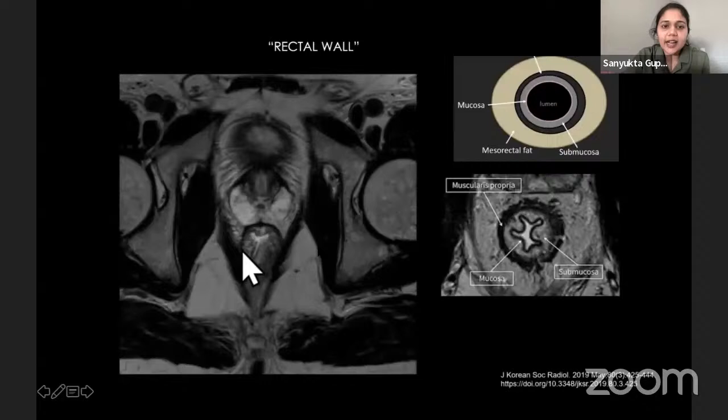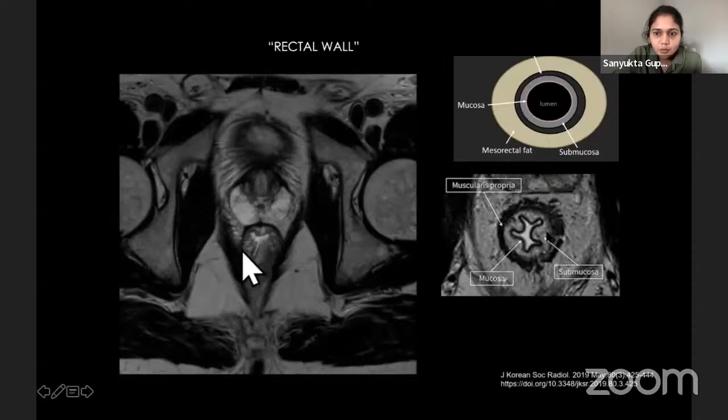The rectal wall anatomy is very beautifully seen on the high resolution T2 weighted images. We have the hypointense mucosa, which is then surrounded by hyperintense submucosa. This submucosa generally depends upon the distension of the rectum, and it's not usually properly seen, but when seen, it's hyperintense submucosal fat.